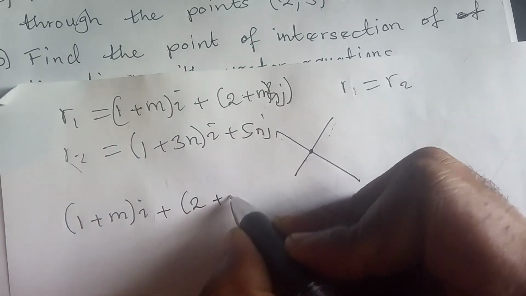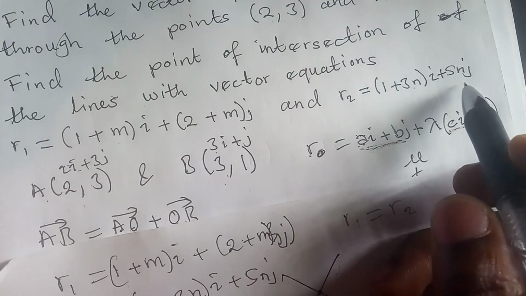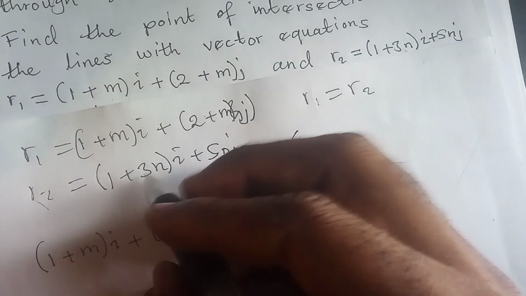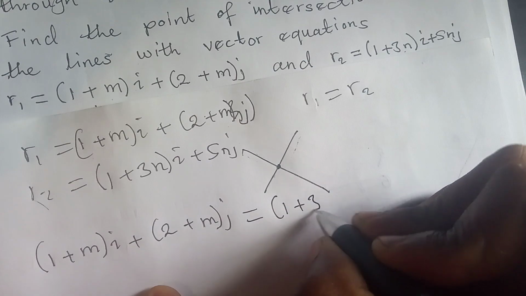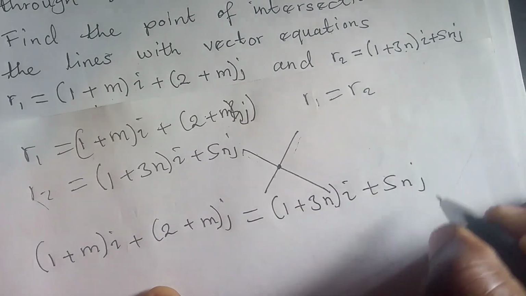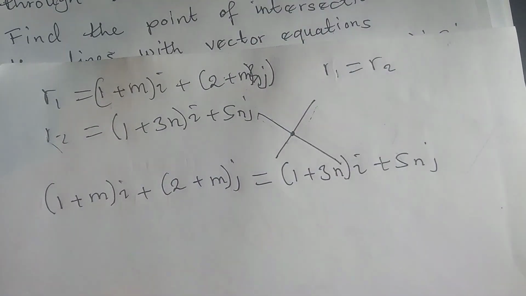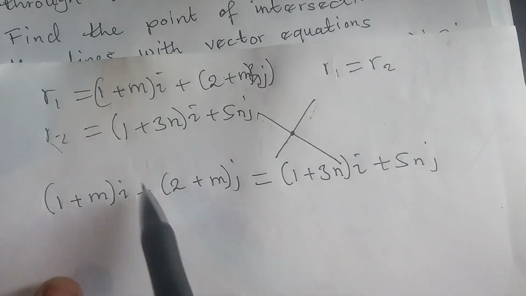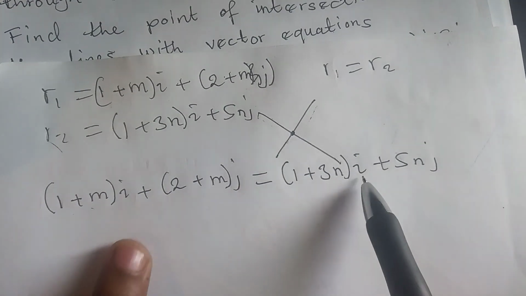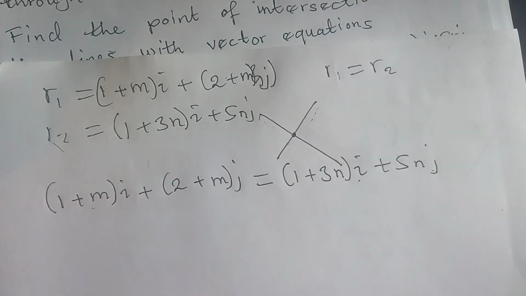2 plus m, I think the j is supposed to be outside. Yes. And then we have (1 plus 3n)i plus 5nj. So now to solve such a problem, you have to equate the coefficients of the i's and the coefficients of the j's.